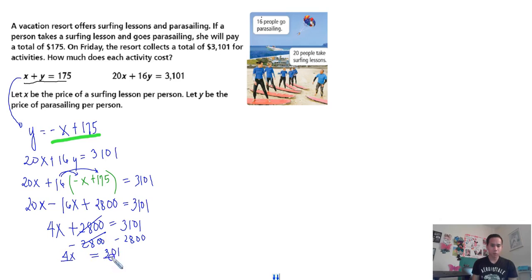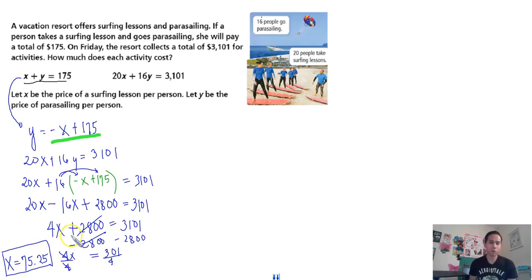I'm going to divide both sides by 4. This will be cancelled. So the value of x here, I'll just put it here, okay? x is equal to 75.25. Okay, I'll just box that so you know that that's our answer.